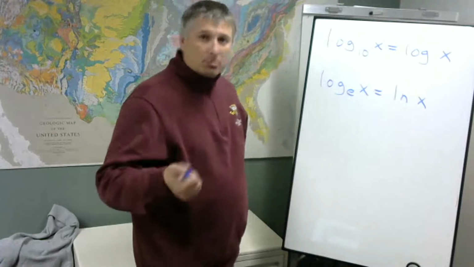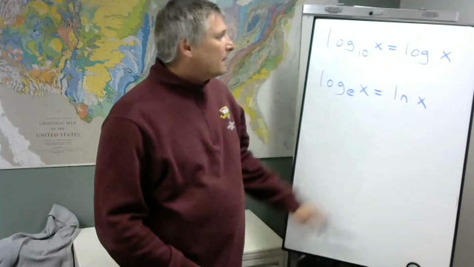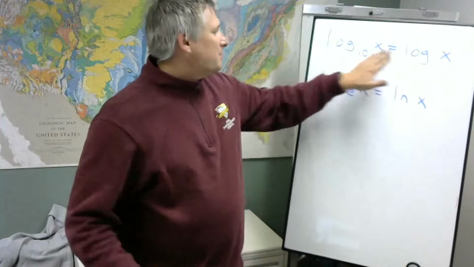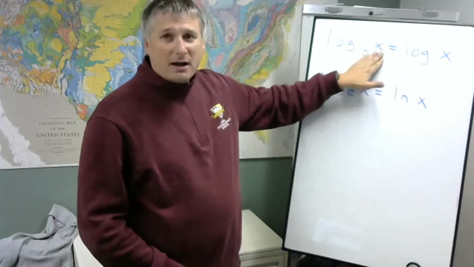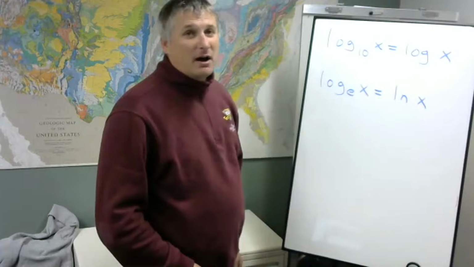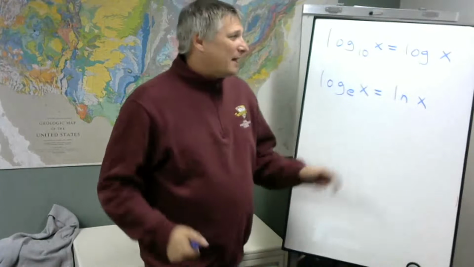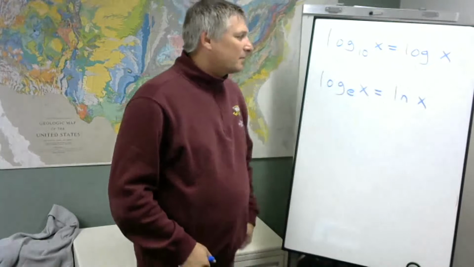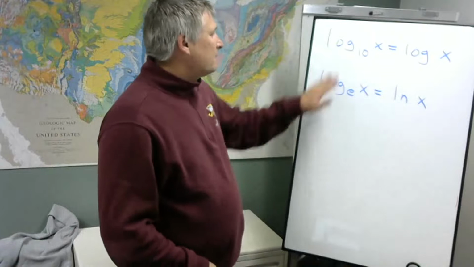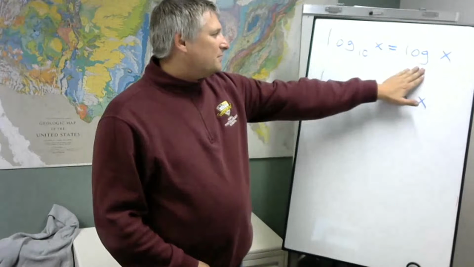So for example, in the R programming language for statistics, if you type in log of 5, you're not going to be calculating the log base 10 of 5. It's actually calculating log base e of 5. So you've got to be careful of that. But for our calculators, your typical scientific calculator, log base 10 is written like this.